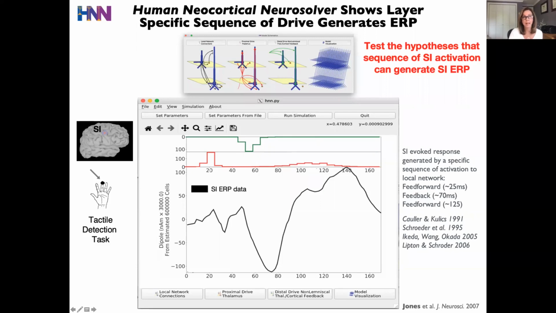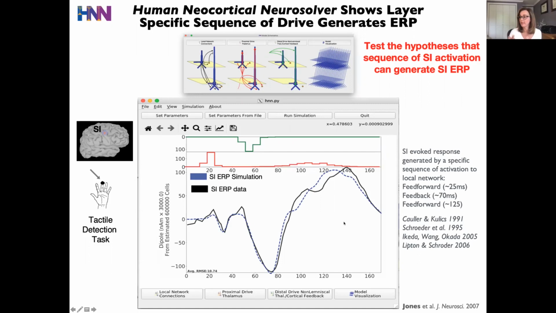We activate the network with these inputs by hitting run simulation, and we look at the output of the model, and we see indeed that this sequence of input was able to reproduce the tactile evoked response. And now importantly, while the literature gave us information on how to begin the simulation, we spent a lot of time adjusting the timing and the strength of these inputs in order to accurately reflect that recorded ERP.